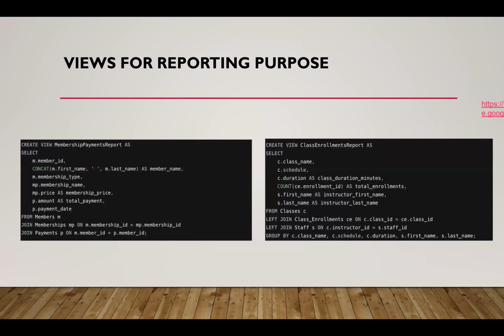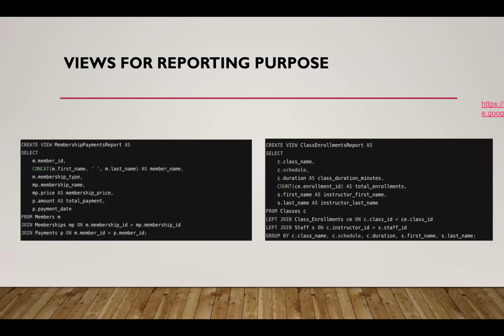And we also created two views for reporting purposes. The view on the left is membership payments report. It brings together data from the members, memberships, and payments tables. By combining all this information, it provides a clear overview of each member's payment history and their membership plans, making it easier to track financial transactions and membership details.